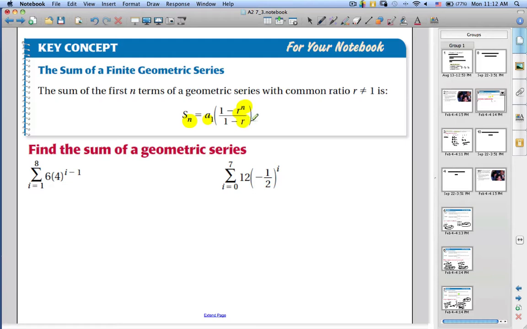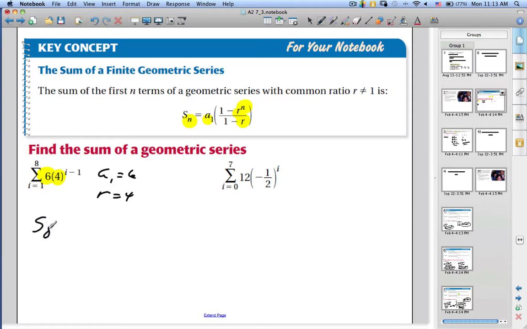What's nice is that in the standard form for the rule, I know that a sub 1 is equal to 6 and the common ratio is equal to 4, because this is the first term and this is the common ratio.